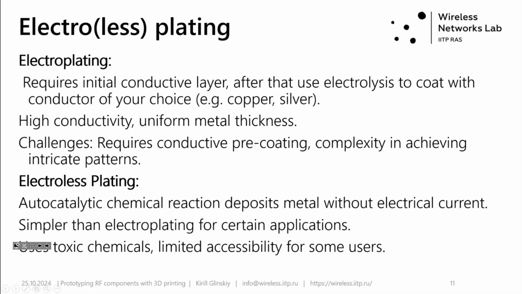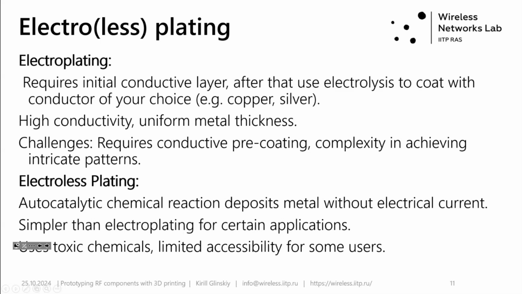As it requires conductive pre-coating with sufficient coverage, it has some difficulties in achieving intricate patterns. So it's not easy to cover all of the crevices and edges with this preliminary coating. However, after the coating has been applied, the process is straightforward. It is submerged into a bath with electrolyte, and the voltage is applied so that the metal ions can come to the cathode and coat it.